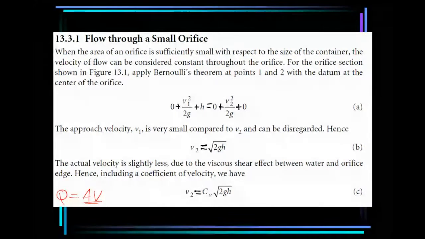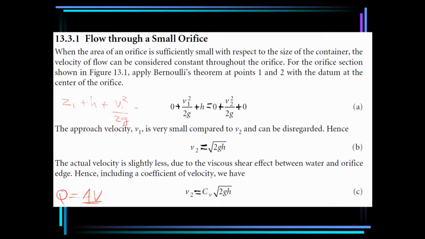It simply states that Z1 plus the pressure head H1 plus the velocity head is equal to Z2 plus H2 plus V2 squared over 2g.